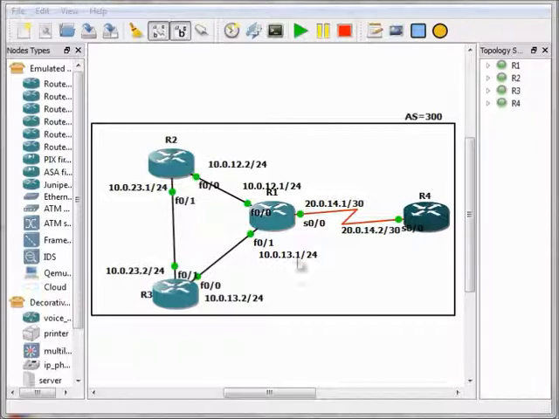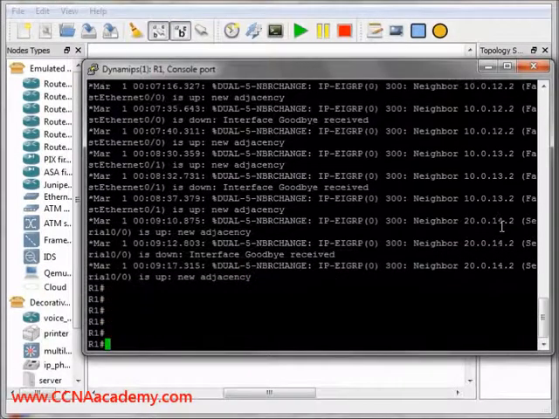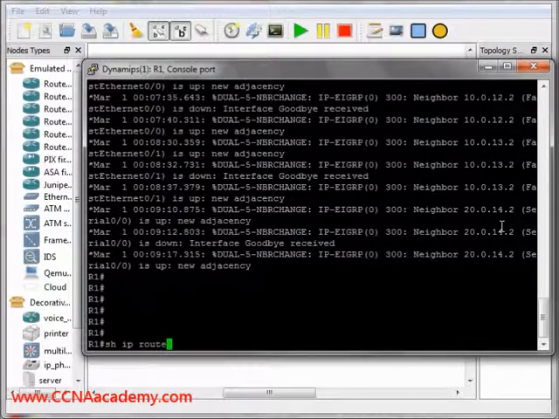So let's enter to router 1 and router 3 and see the routing table to ensure that router 1 and router 3 know about all the networks that exist in Autonomous System 300. Let's enter to router 1 and show IP route.